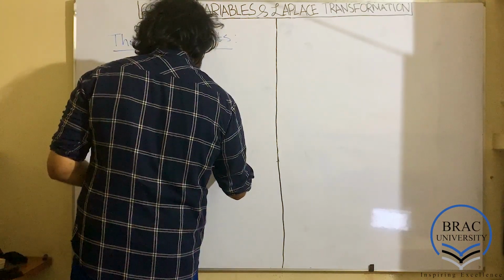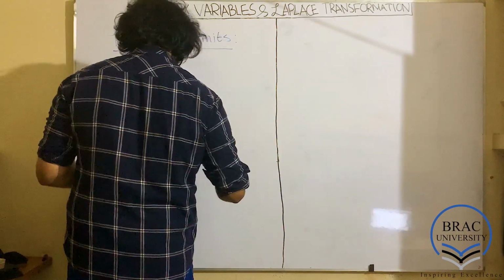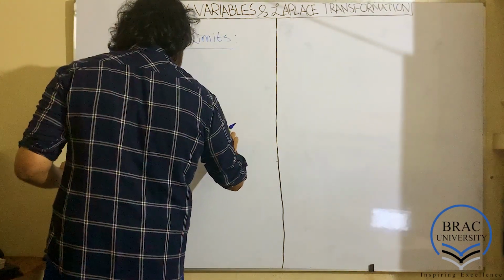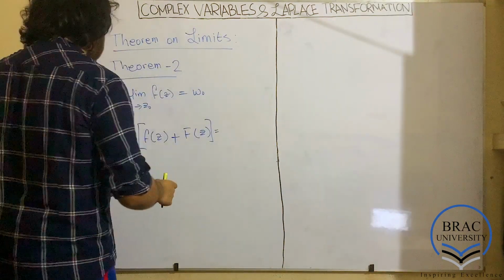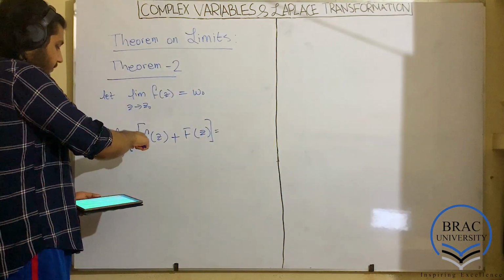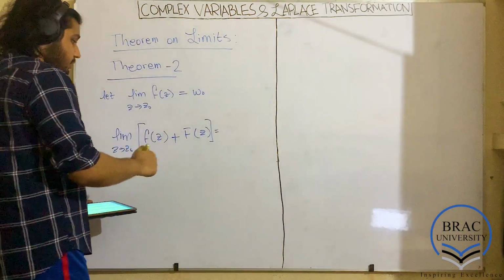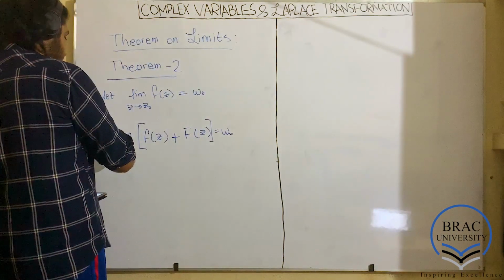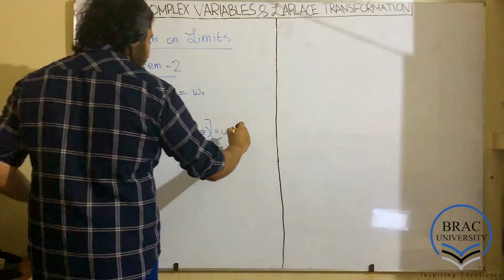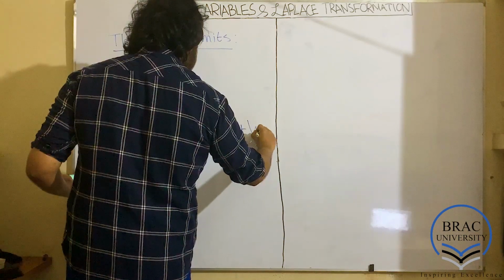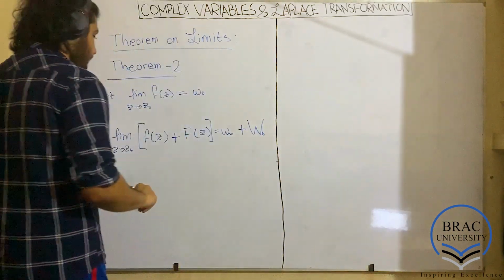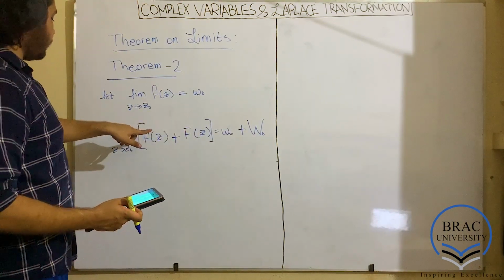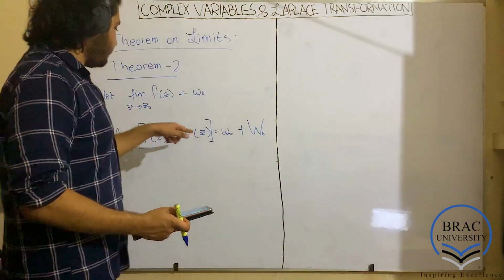Limit z tends to z naught: I can just instantly write it in the w way, since if you take the limit z tends to z naught of the small f of z, you get small w naught, and if you take the limit of the capital F of z, you get a different number, capital W naught. As I said before, taking the limit of the two of them added together in brackets is the same as taking the limit of them individually.